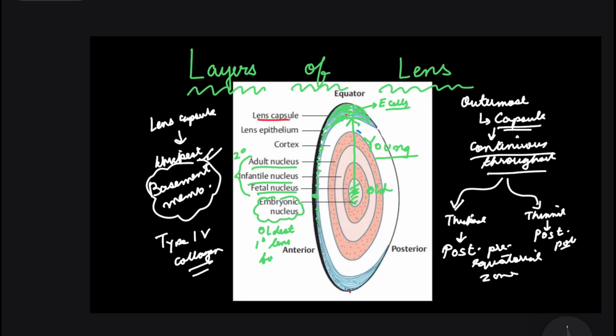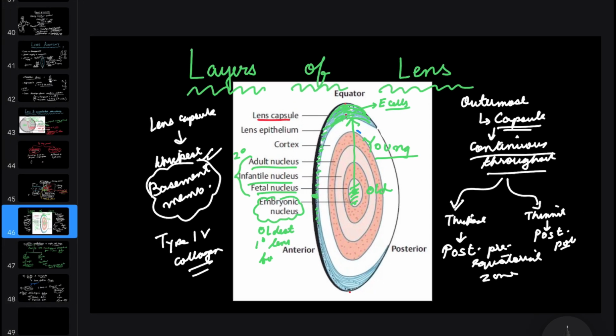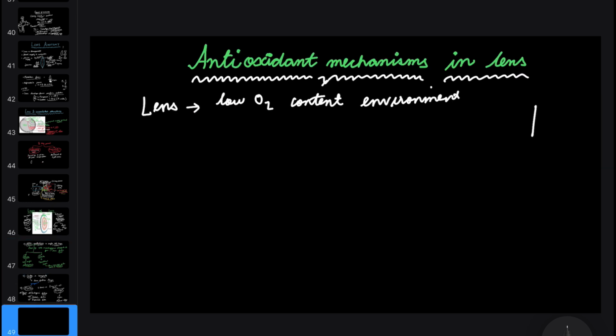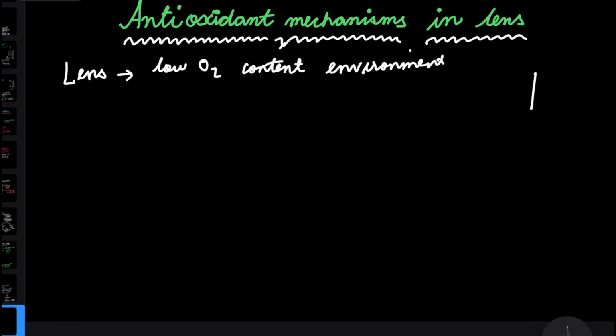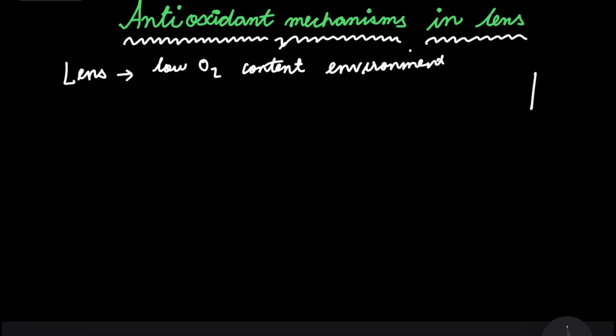If they are living cells, then obviously they'll have requirements for oxygen, because they need to carry out their functions, and for that they'll need oxygen, glucose, and metabolism, and all of that is what we're going to talk about in this video. So long story short, they need oxygen, but the oxygen content in the lens is low.